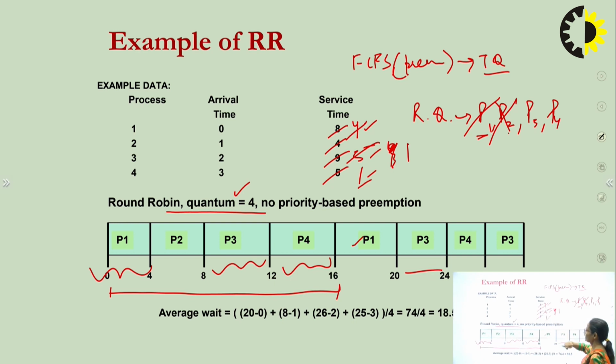The next process is P4. In this case we would allocate the whole time quantum of 4 units to P4, but its requirement is only 1. So it will consume only 1 unit, and after that the decision for another process is made.